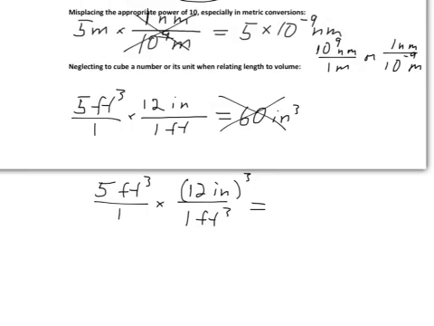And when I carry that out, multiplying by 12 three times, I get 8,640 cubic inches. And you can see this is quite a large error that one makes when one makes that mistake.